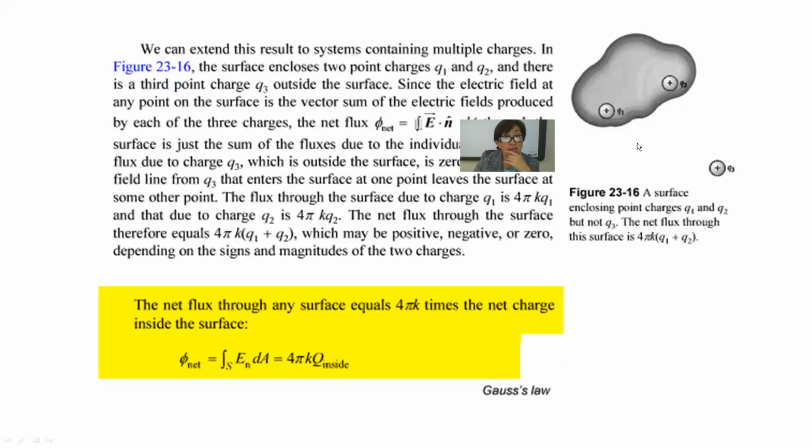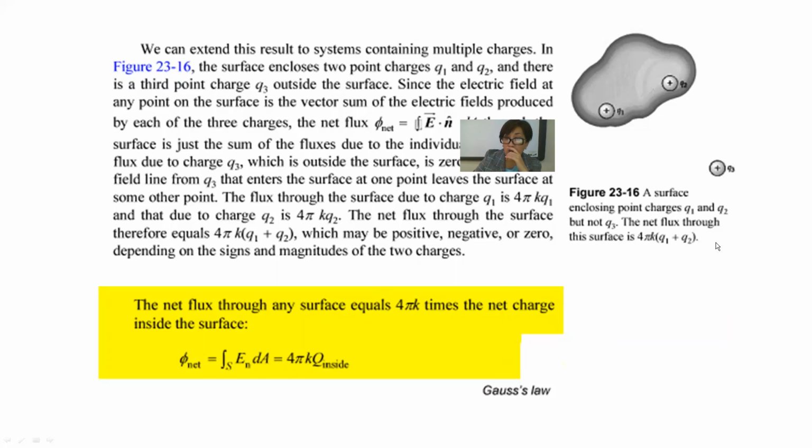Okay, now we take a third electric charge Q3 and a surface enclosing point charges Q1 and Q2, but not Q3, which lies outside.